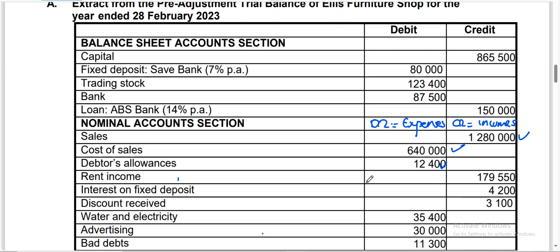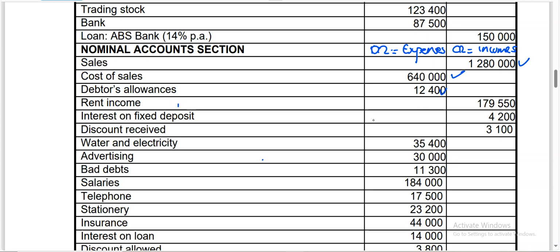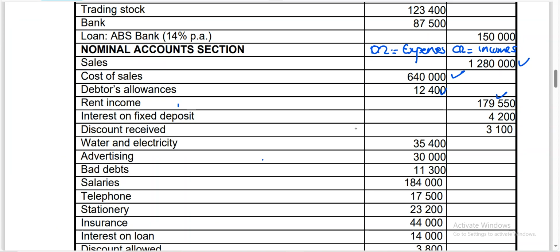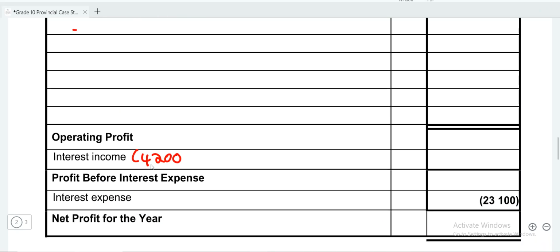The next information says that we have rent income, which is an operating income, for 179,550. So we're going to have rent income here for 179,550. Once we are done with this, we move on to the next one. We have interest on fixed deposit for 4,200, which is part of our interest income.